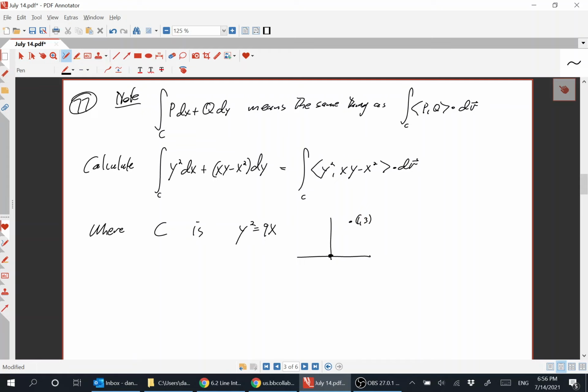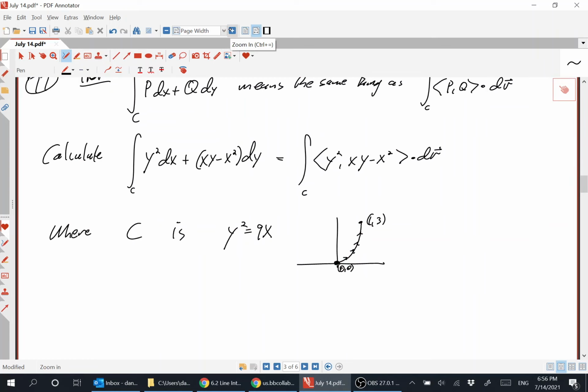So they mean, if x is equal to 1, this is 9. Oh, no, that's right. I'm sorry. From 0, 0 to 1, 3, in this direction. Now, with the scalar line integral, or the vector line integral, you have to pay attention to direction. I'm sorry, this is not the curve. It's this. Parabola is opening the other way.